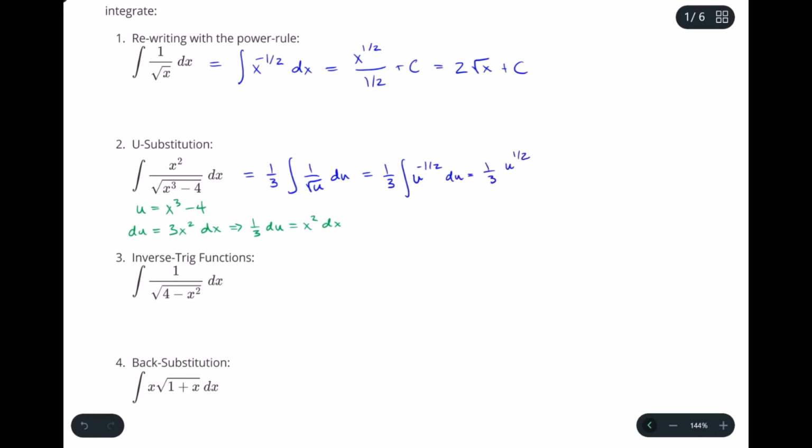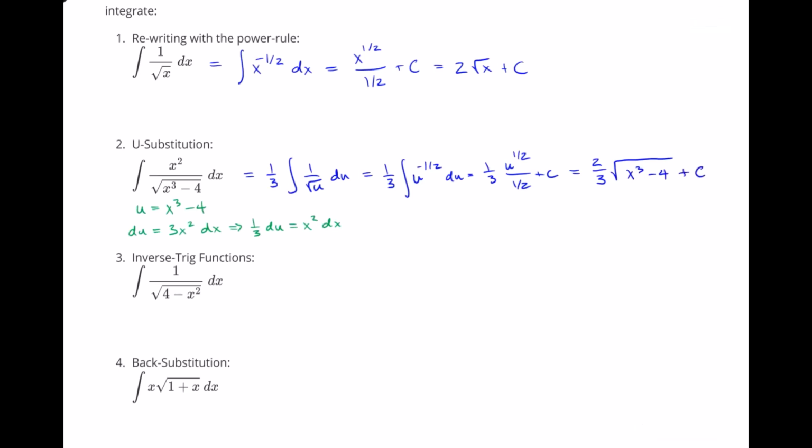So u to the 1/2 over 1/2 plus c. We just have to remember in the end to go back to the original variable. So taking care of these constants, that will become 2/3. And then u to the 1/2 would become the square root of u being x cubed minus 4 plus c.